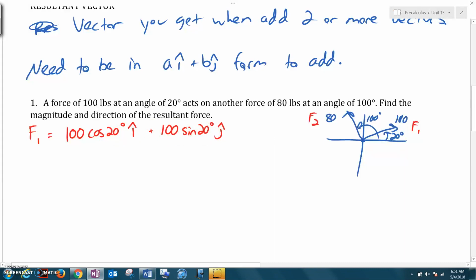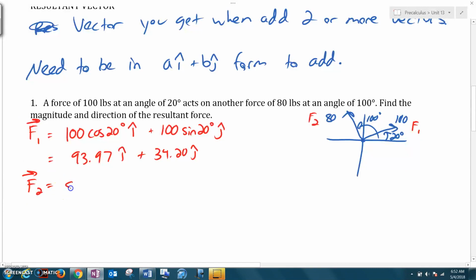So when you do that, 100 cosine 20, you get 93.97 in the I direction, plus 100 sine of 20, which is 34.20 in the J direction. Okay, so that's representative of that line. To get to this point from the center, you go 93 point whatever to the right and 34 point whatever up. F2 is the other force.